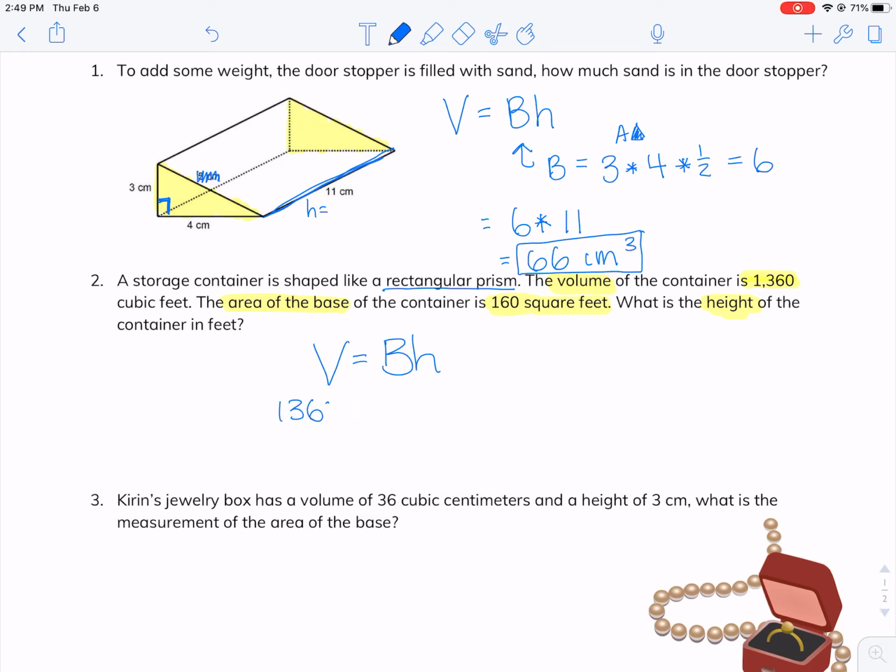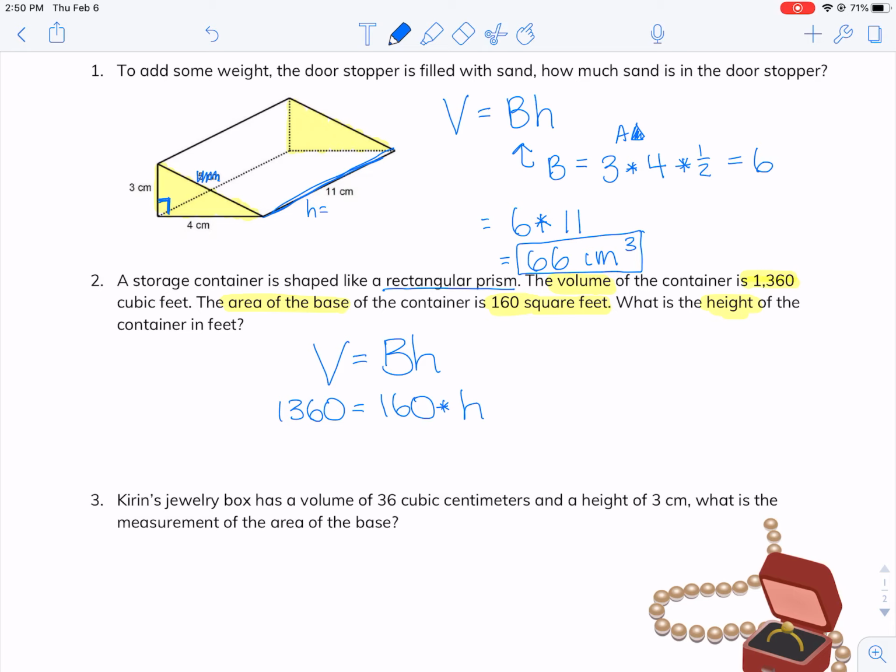So I know that I'm going to have 1,360 plugged in for my V. And then I know that the area of the base is 160 square feet times the height would give you the volume. Because our volume is given, we need to figure out the height of the container, which we can do by using the one-step equation that we have learned in Unit 2.